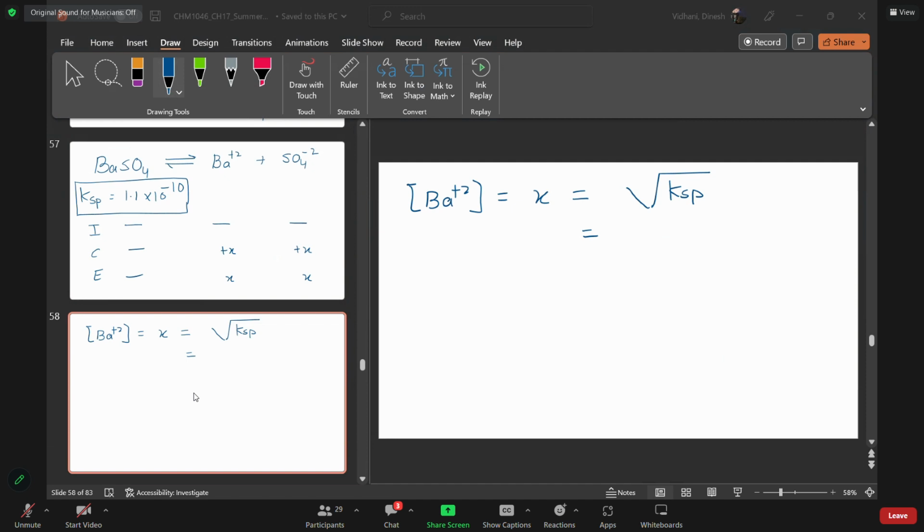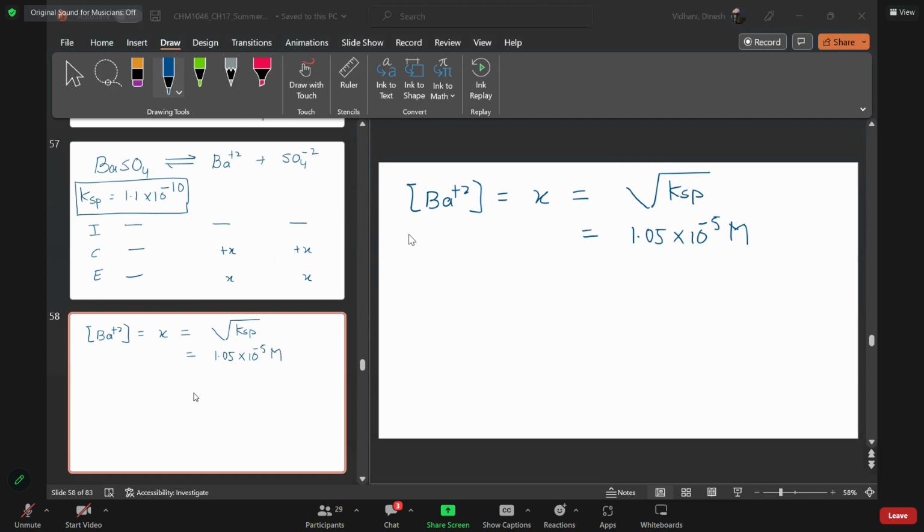Okay, that looks correct to me. It's 1.05 times 10 to the power negative 5 molar. That would be the concentration of barium ions. That perfectly makes sense, right?